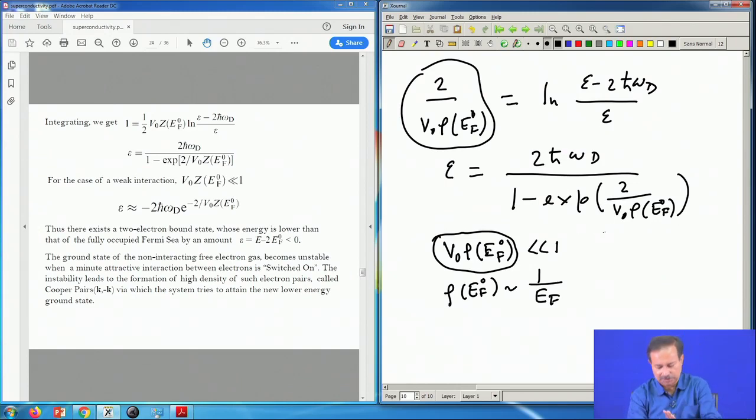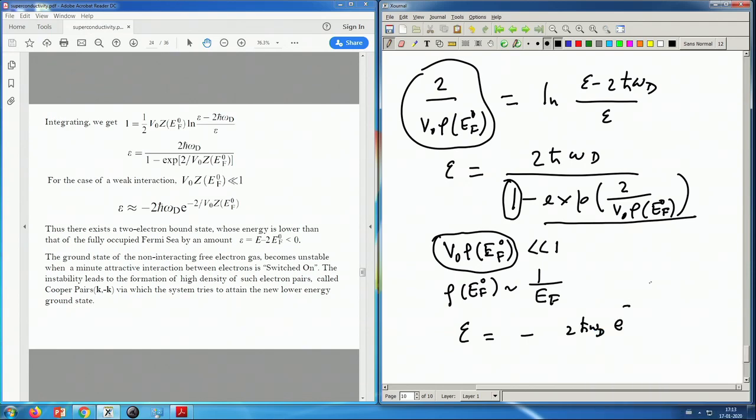What I am saying is that this exponential is much larger, and the 1 is a tiny number compared to this exponential, 2 by V0 rho E_F. So we just keep the exponential and neglect the 1, and the result you get is epsilon equal to minus 2 h cross omega D e to the power minus 2 by V0 rho E_F. And that is this result.